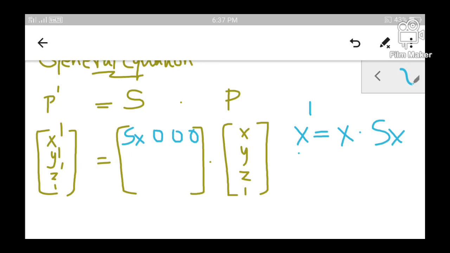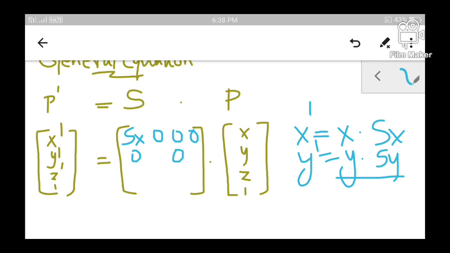Now the next equation which I need is Y dash is equal to Y into Sy. How can this equation be obtained? What is this Y into Sy? That means this equation does not have any value related to x and z. So the positions for x and z will have 0 values in them.